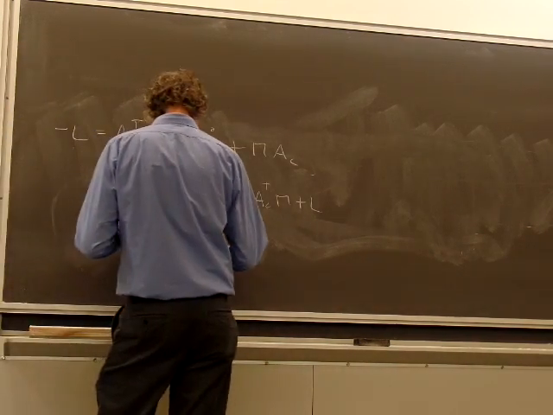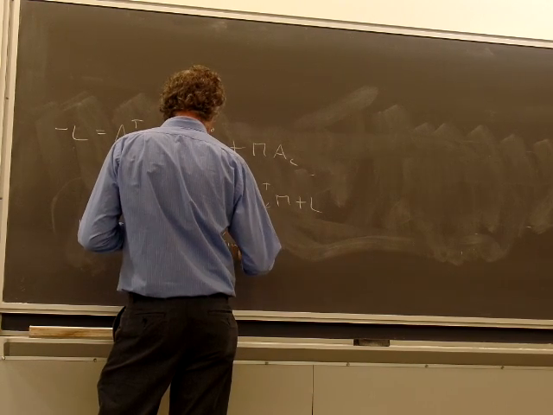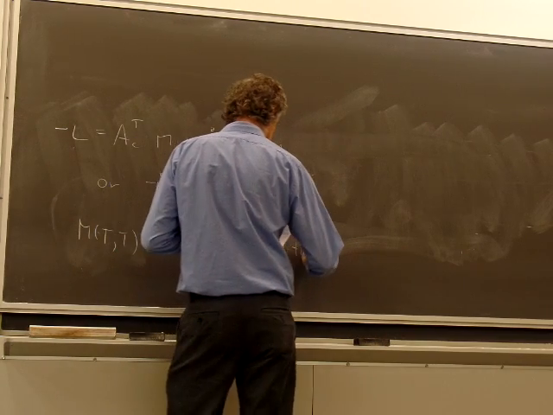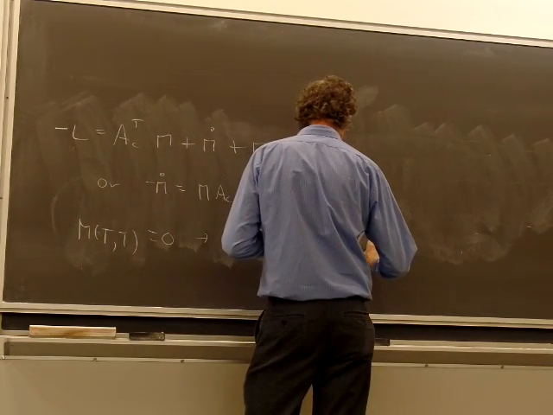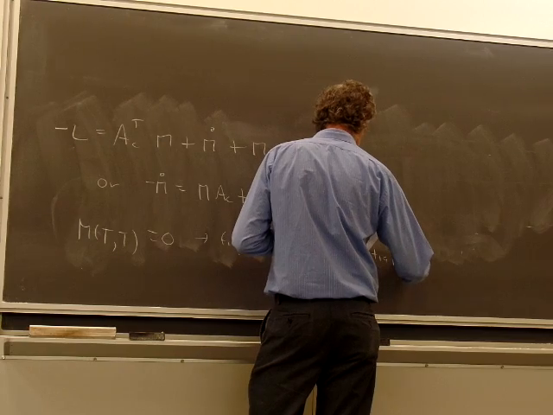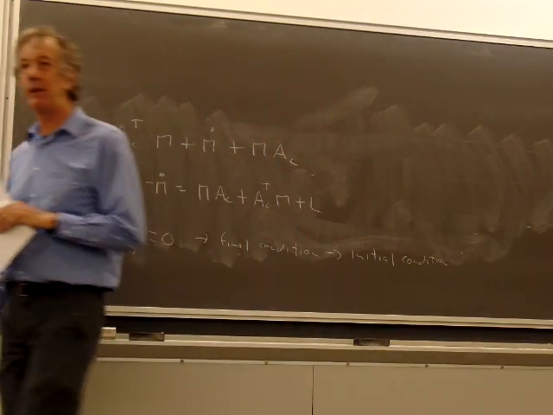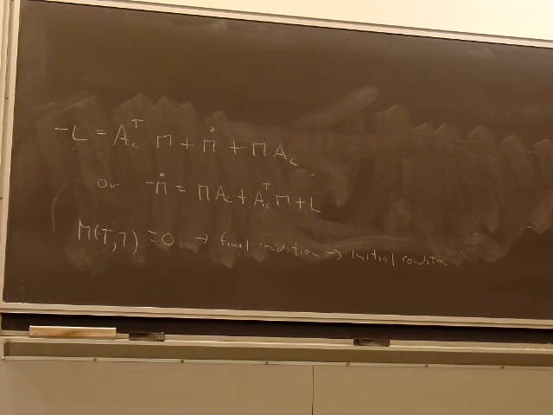So if you think about this, the final condition, we're going to use it as an initial condition. How do we do that? How do we make a final condition an initial condition? Don't think too hard, Zach. It's real simple.